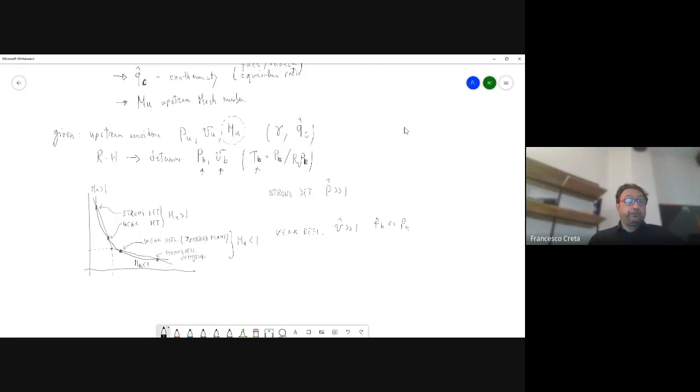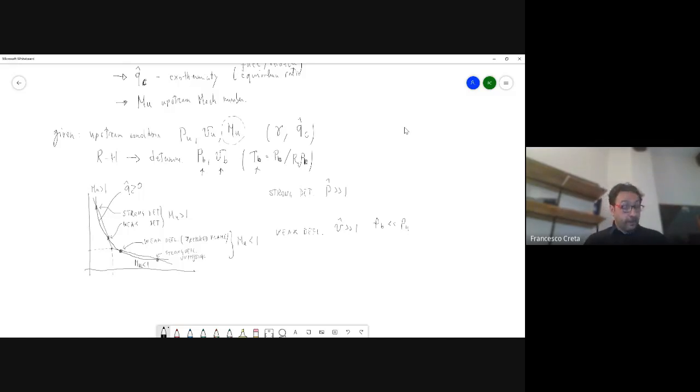And this is clearly the scenario for when the Hugoniot curve is a reactive curve. So it essentially has a non-zero value of the heat release, so QC is bigger than 0.